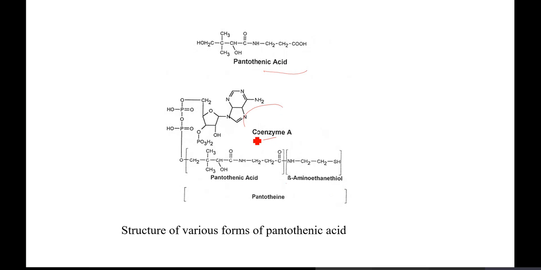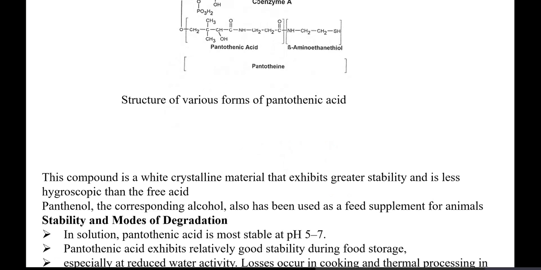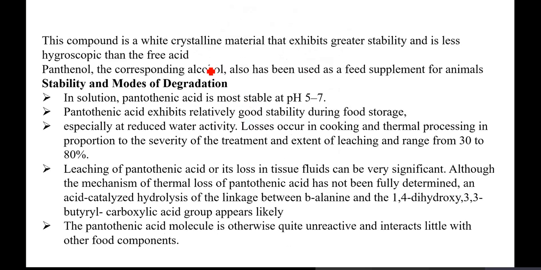This group is the coenzyme. Panthenol, the corresponding alcohol, has been used as a feed supplement for animals. It is highly hygroscopic, and its stability in solution is quite good, with pH also affecting it, between 5 to 7.